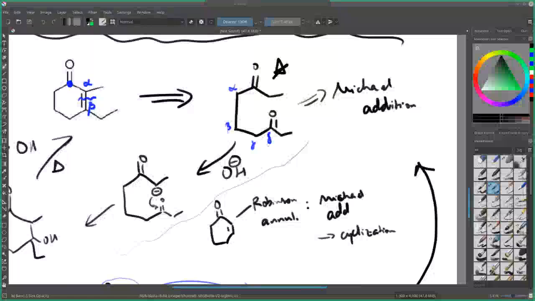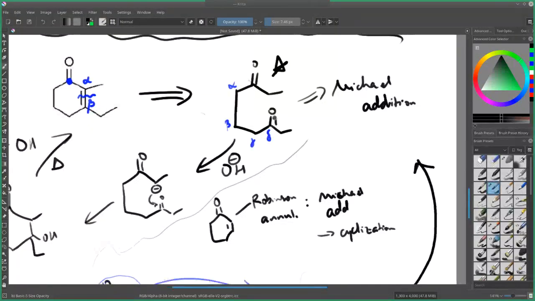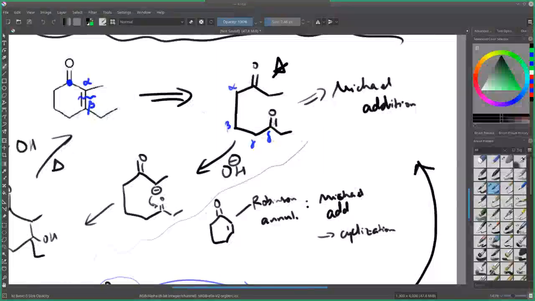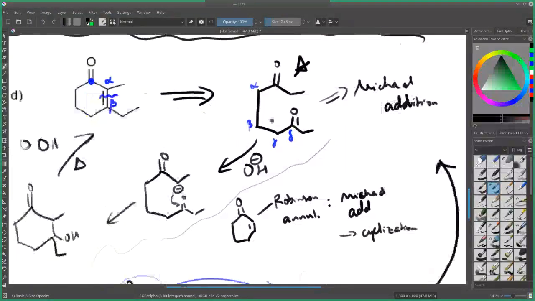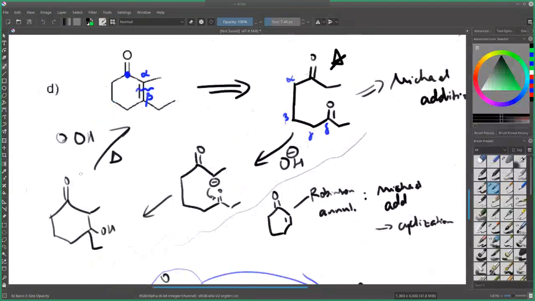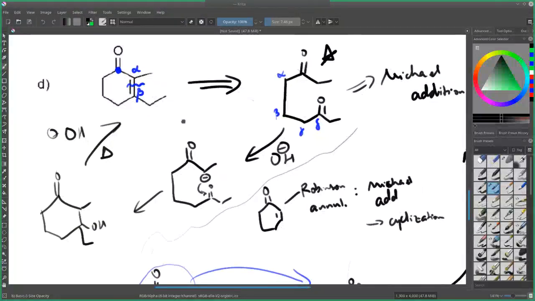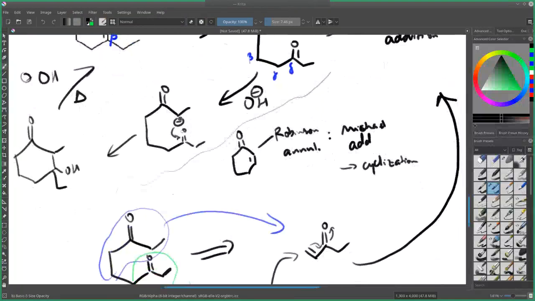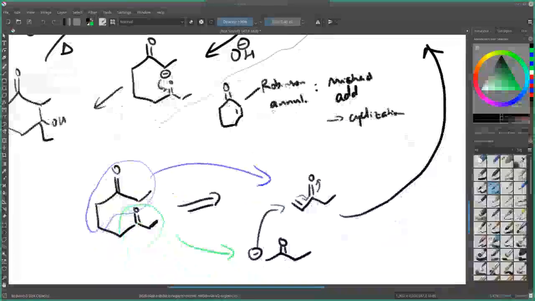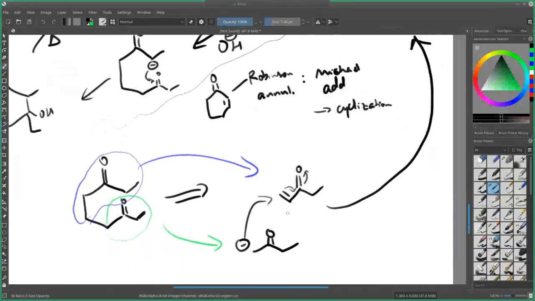So then you get your delta keto ketone, right? You have your two ketones on the same molecule, and then from there, just cyclize. This wound up being a common enough or interesting enough reaction that it got a name, so it's called the Robinson annulation. But all we did is do a Michael addition of two molecules and then cyclize them. And the cyclization happens pretty much in one step.